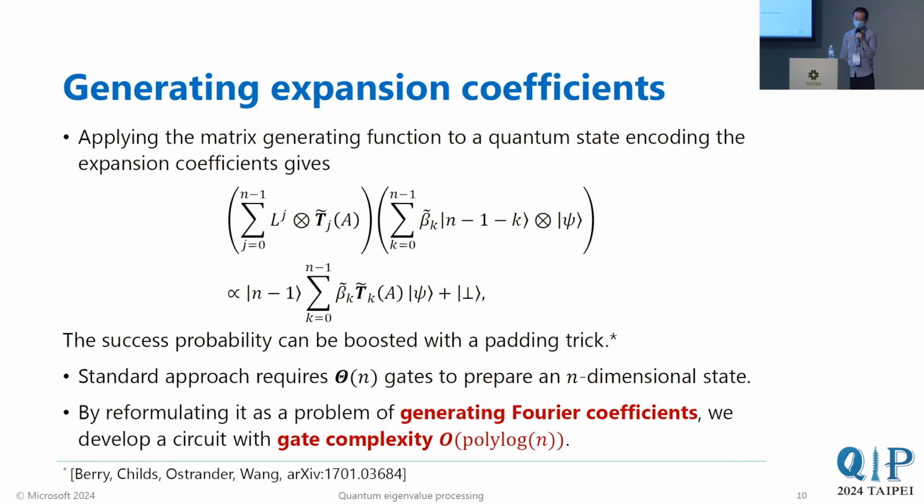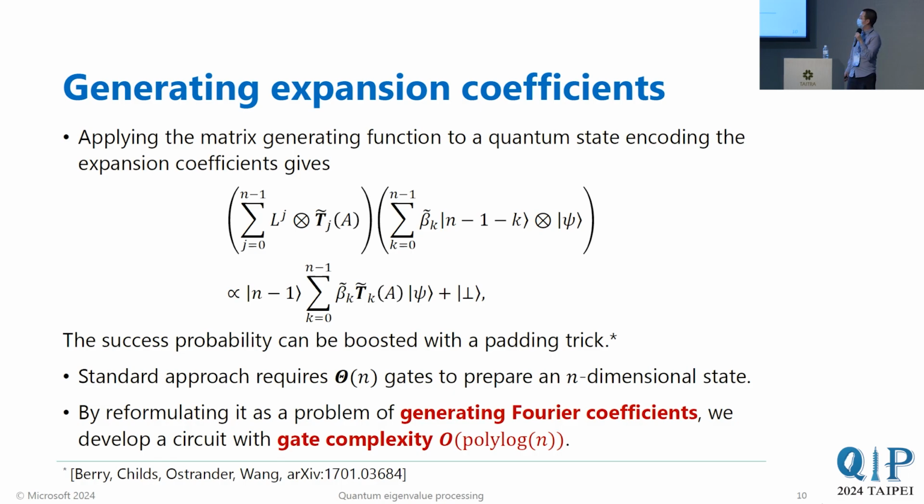Now that you have that matrix generating function, you can apply that to the initial state. You get the desired polynomial transformation with some success probability. And that probability can be boosted using some standard tricks like padding tricks or amplitude amplification. Of course, you also need to generate the coefficients in this expansion.